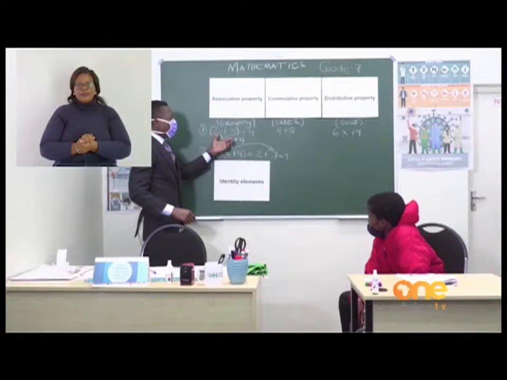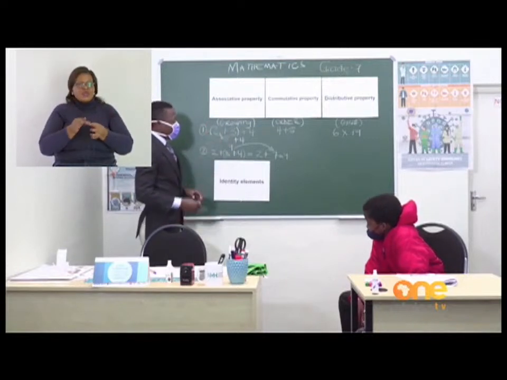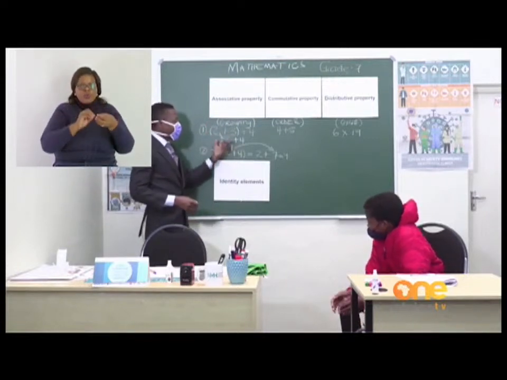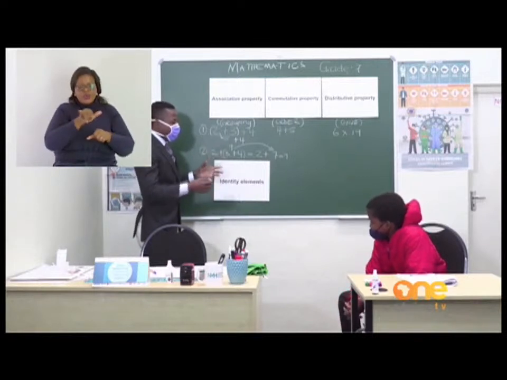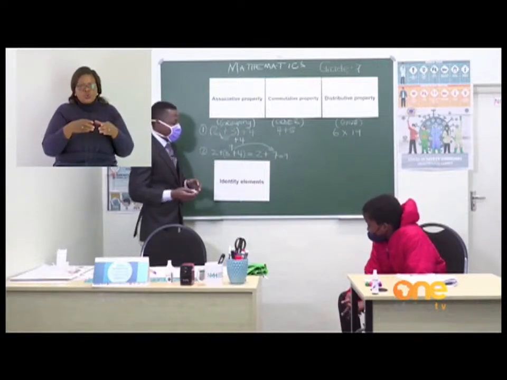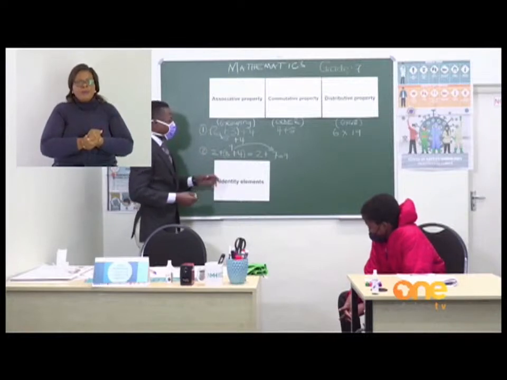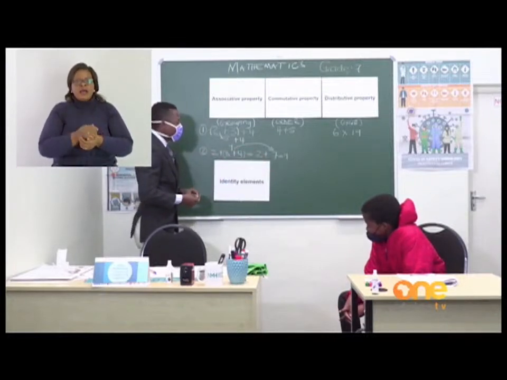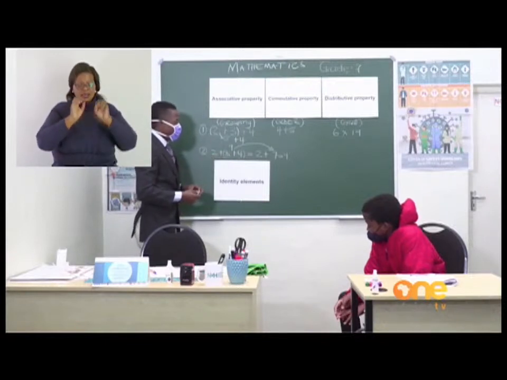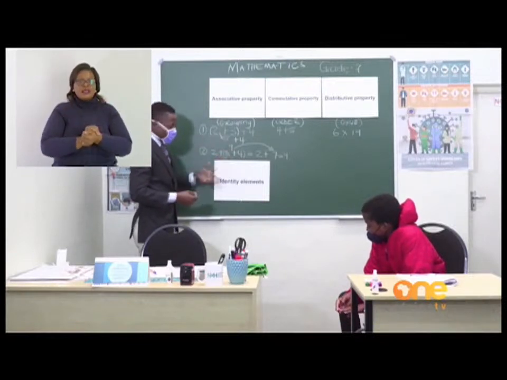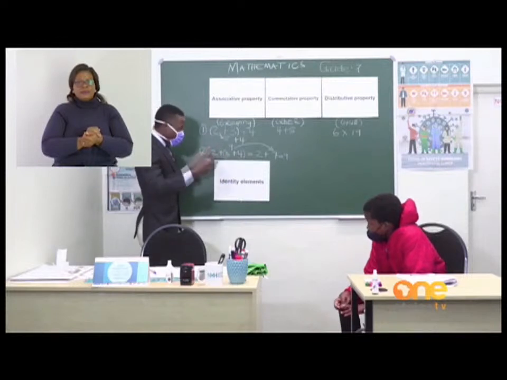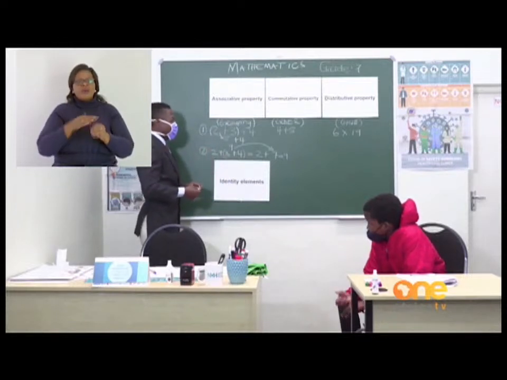So in short, when it comes to associative property, you can decide to work on a certain number that you feel is associated to this, and then you can get your answer. But remember, the answer will always be the same, but you are not limited to start where you prefer to start, depending on which number you feel is associated with the other.